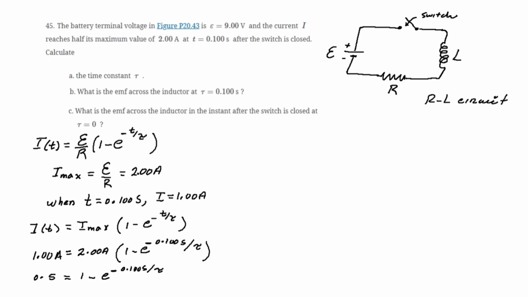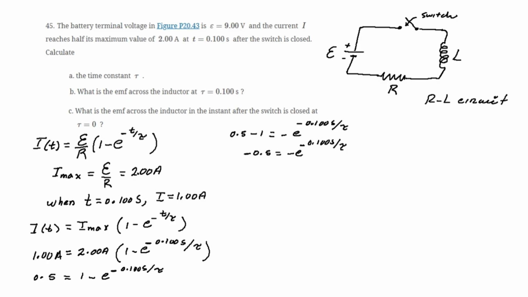I will be subtracting 1. So when I subtract 1 from both sides, I get that 0.5 minus 1 equals negative e to the power of negative 0.100 seconds over tau. This is negative 0.5 equals negative e to the power of negative 0.100 seconds over tau.